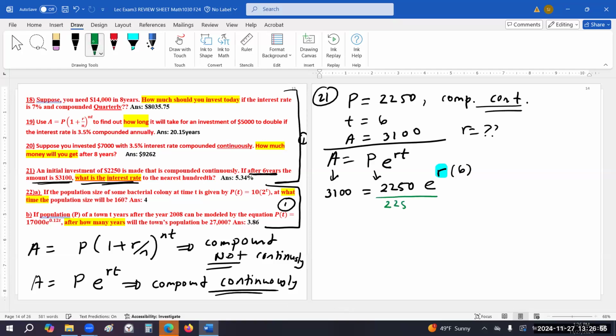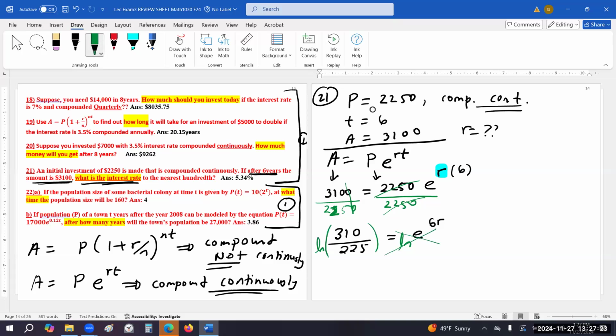So we don't want this 2250. They cancel out, and we can cancel one zero from top and bottom. So 310 over 225 is e to the 6r. Now we remove our e using ln.